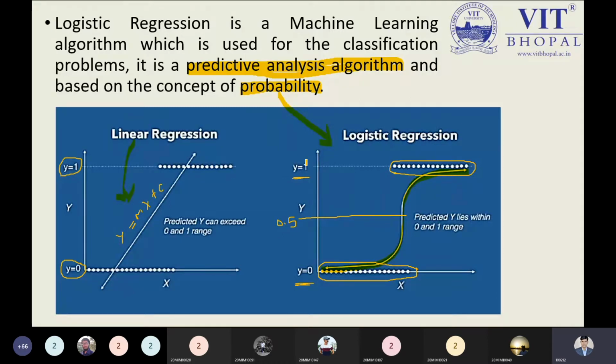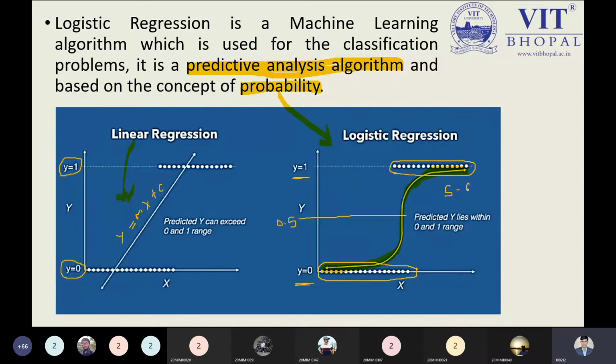The line which is drawn in logistic regression will be shaped in an S manner. This is the line I am drawing in front of you. This is the S-shaped line we have, so we can say this is known as our S shape.